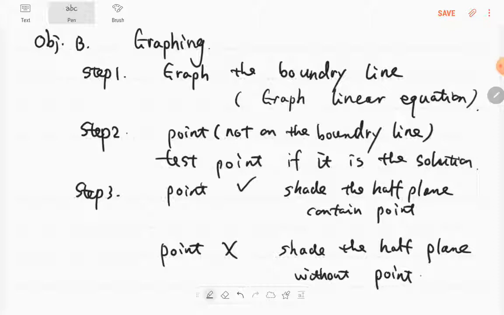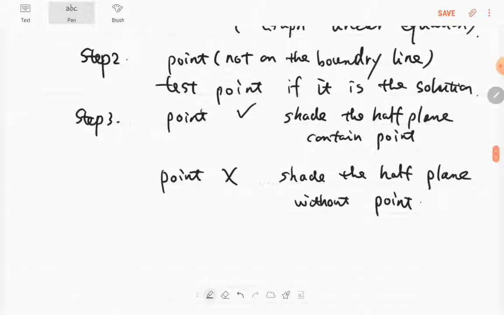This time we should use the inequality. Then step 3, we get to the conclusion based on the point. If the point is the solution of the inequality, then we should shade the half plane containing this point. If it's not the solution, then we should shade the half plane without that point.